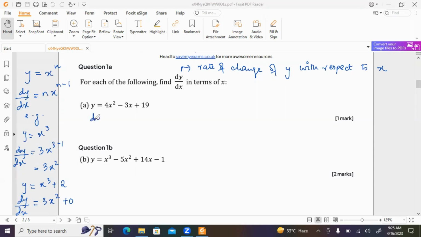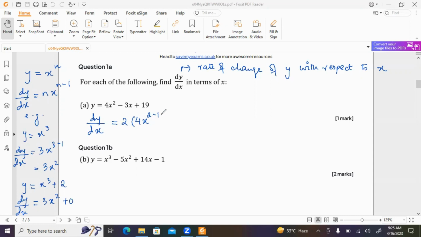Keeping that in mind, if we differentiate y equals 4x squared minus 3x plus 19, we bring the 2 down first, multiply that by 4x, and subtract 1 from the power.